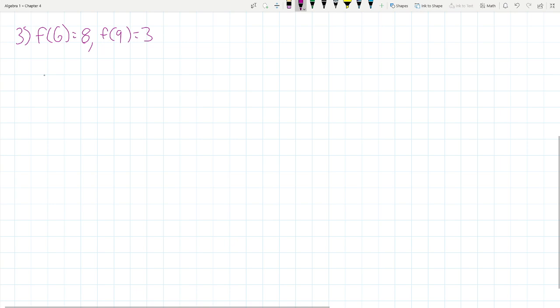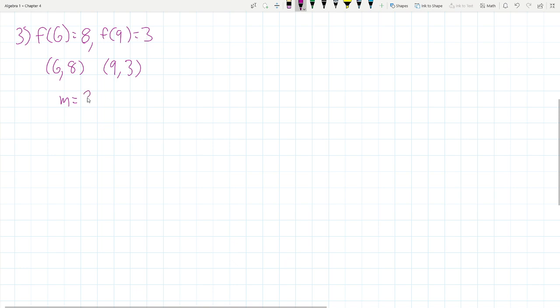Number 3, again, going to change these into ordered pairs. So 6 comma 8 and 9 comma 3. I need to find my slope, y2 minus y1 over x2 minus x1.